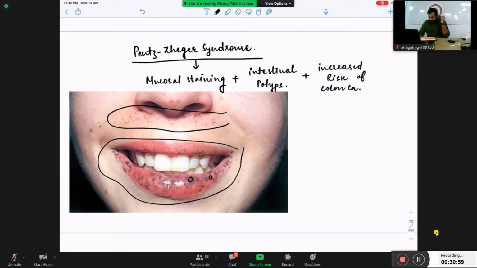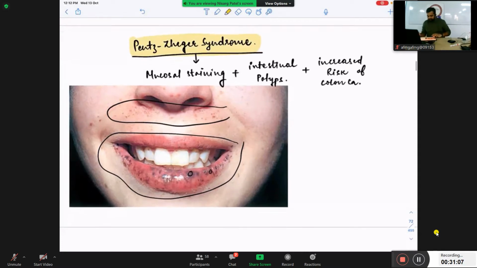So later on in life, they have increased risk of colon cancer. Okay.